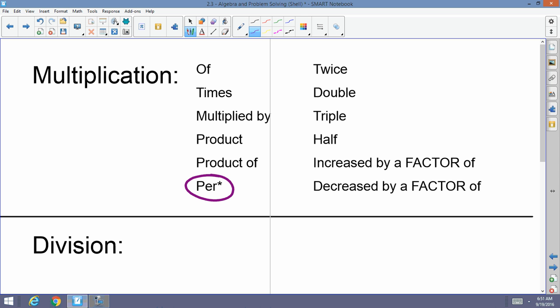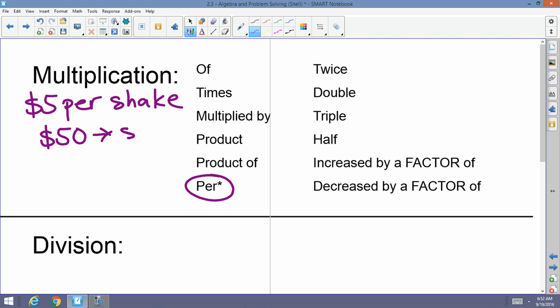If I tell you that you're paying, for example, $5 per shake, and let's say you spent $50, that's what you spent, and I want to know how many shakes did you buy?